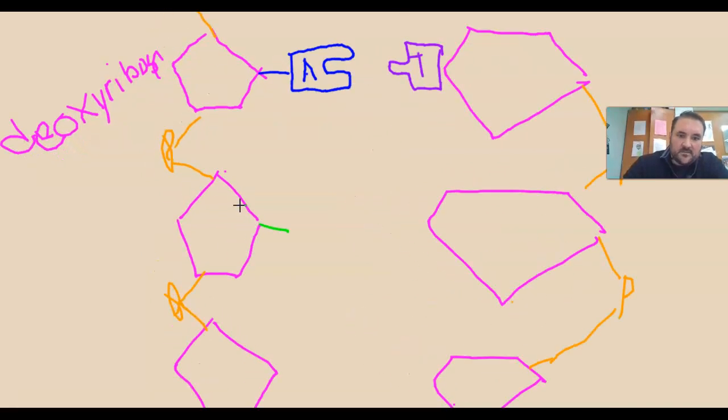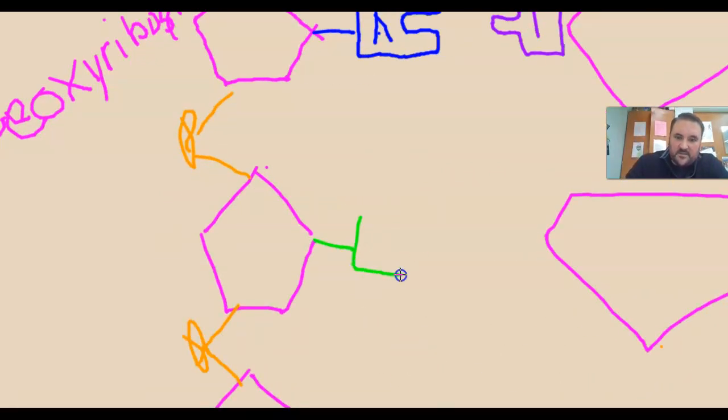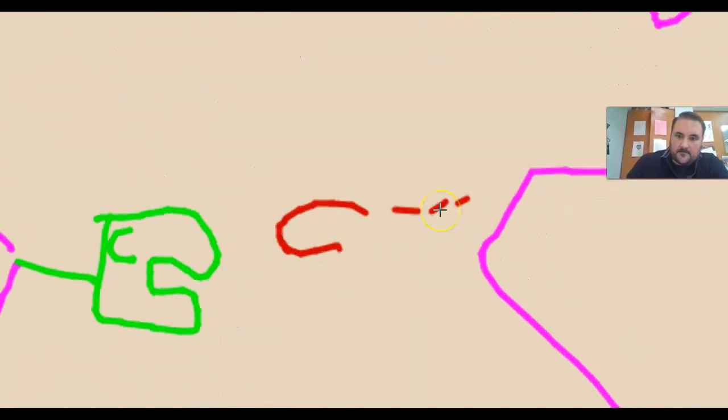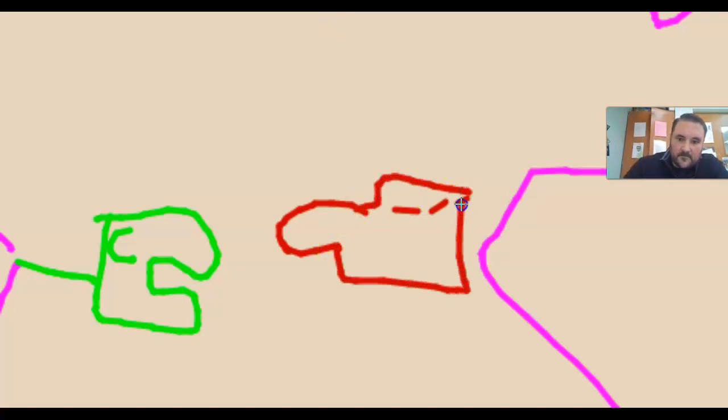And if we make another set of base pairs, and this is a C, this one's a G, and it's meant to go in there.